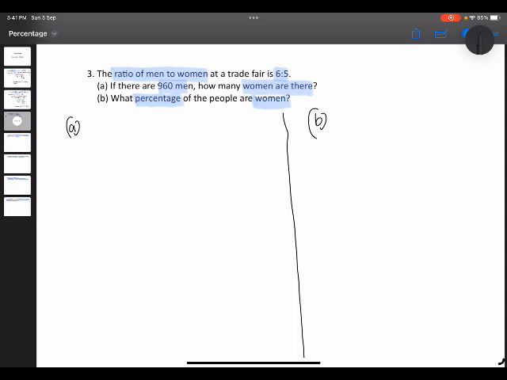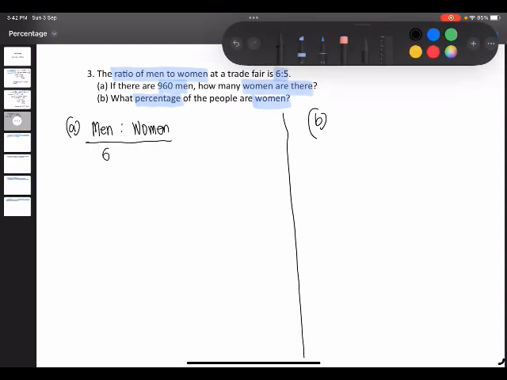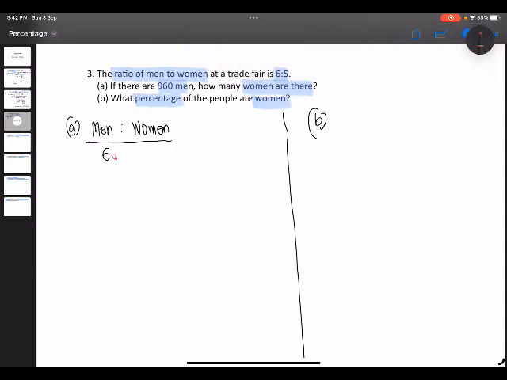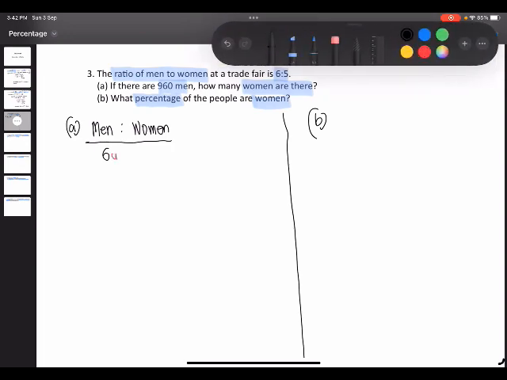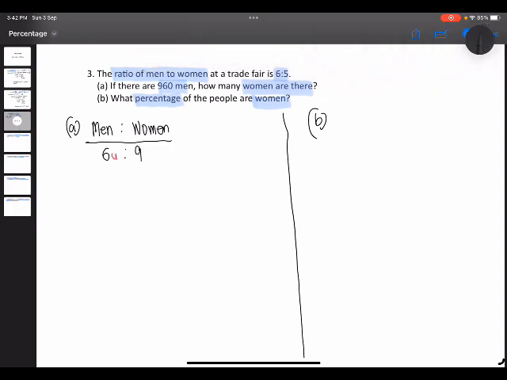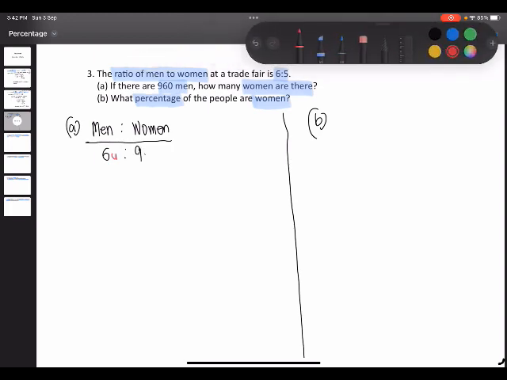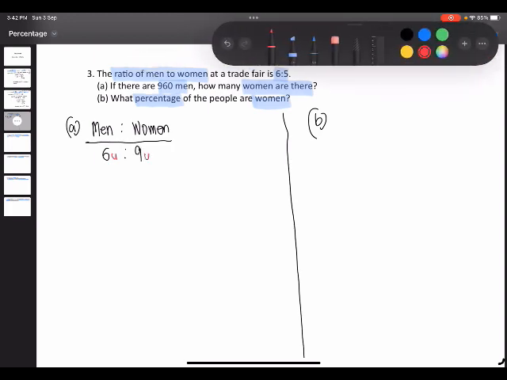So now let's write the ratio. Men is to women is 6 units. Let me write another color to show that this is hidden. Oh, sorry, not 9.